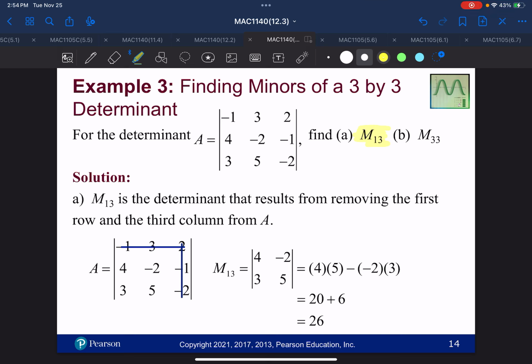This means that M sub 1,3 is the determinant that results from removing the first row and the third column from A. So I remove the first row and the third column.